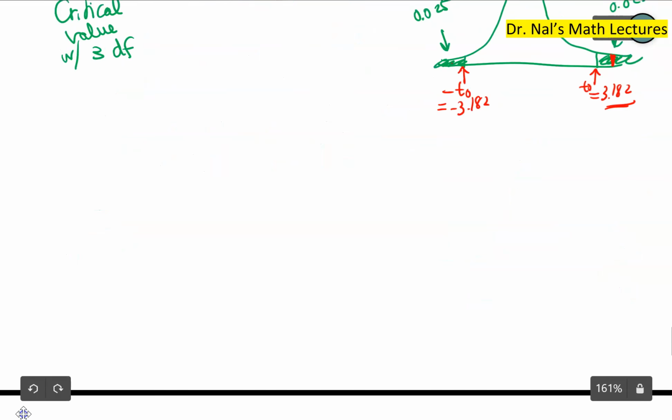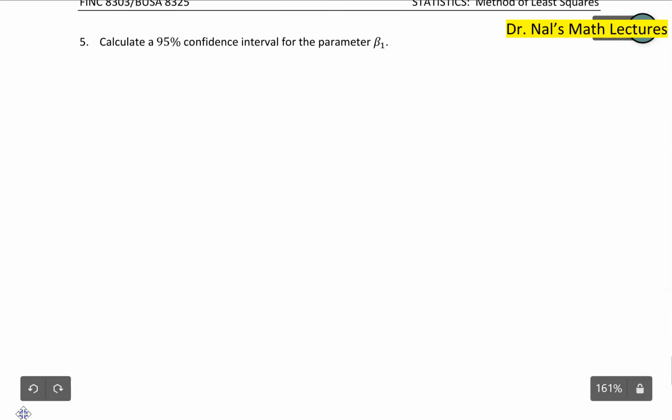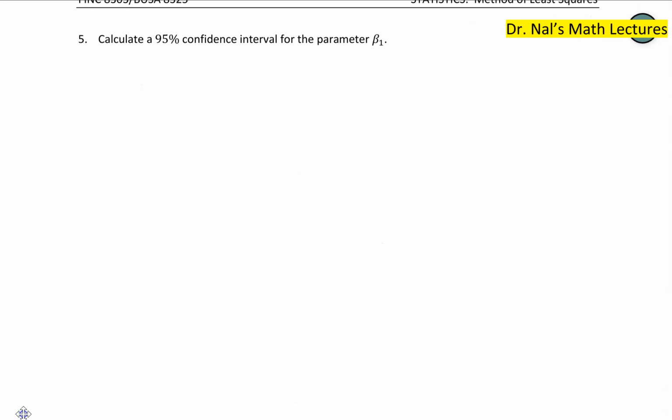And lastly, we would like to calculate a 95% confidence interval for beta 1. That is also very straightforward. We want to reverse engineer what we did. The confidence interval is calculated like this.